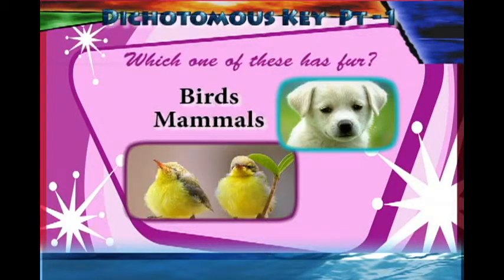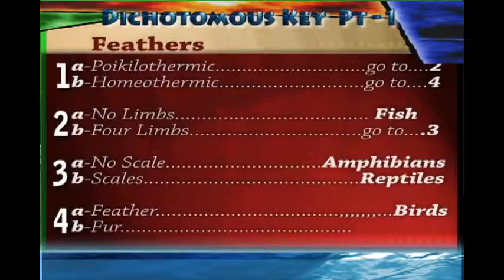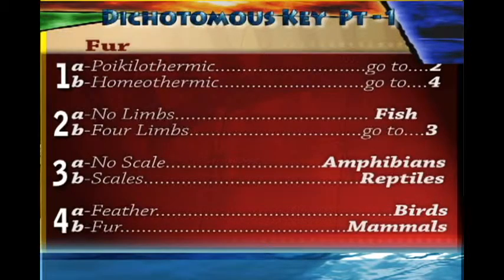When you look at the two, the birds and the mammals, you will find that the birds have feathers. So at the end of the question of the feathers, we put the bird's identity, and at the end of the question of fur, we put the mammal's identity. Thereby, we would have finished constructing a dichotomous key for the vertebrate classes.